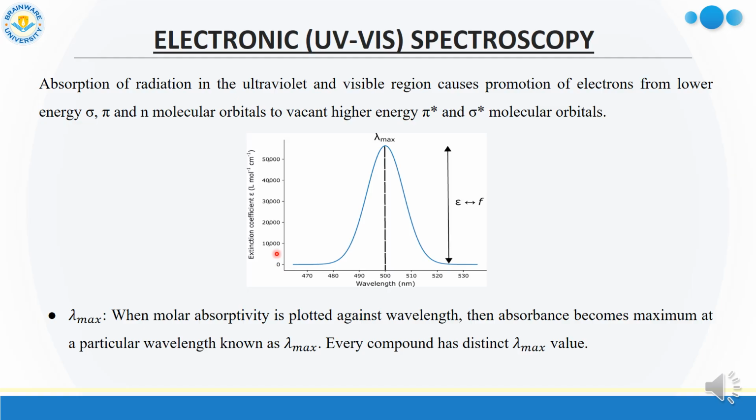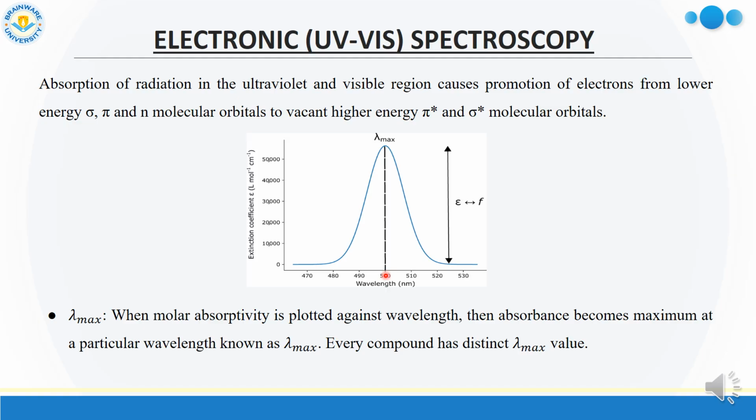This is a plot, extinction coefficient versus wavelength. Now, when we irradiate a sample with the help of light, then if we plot molar extinction coefficient versus wavelength, this is our plot, and you can see here near 500 nanometer the molecule absorbs more light.